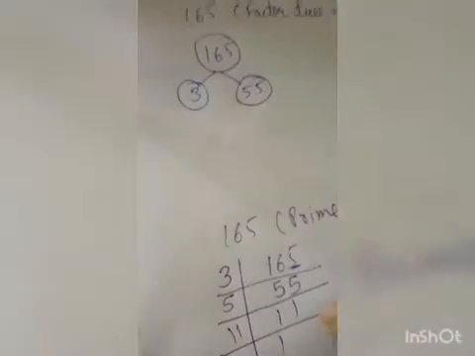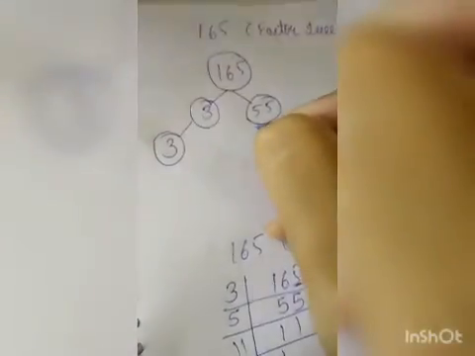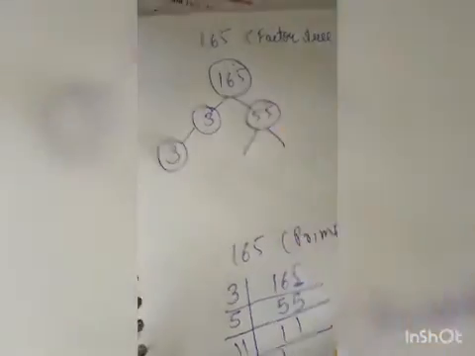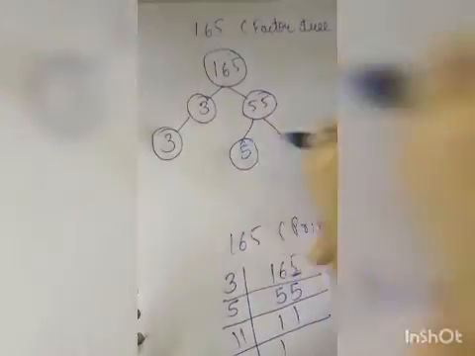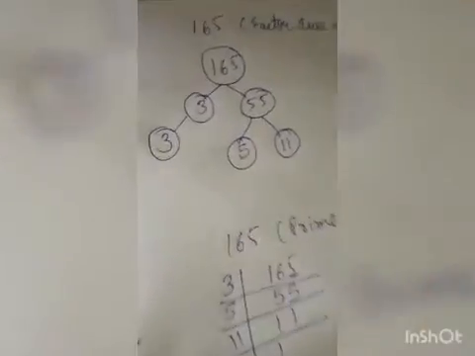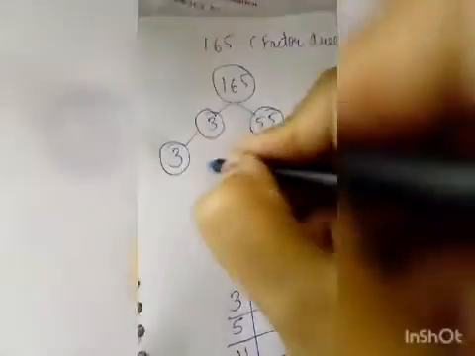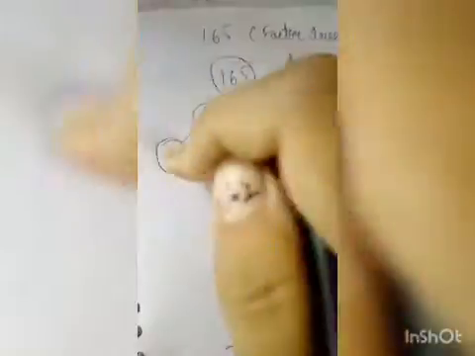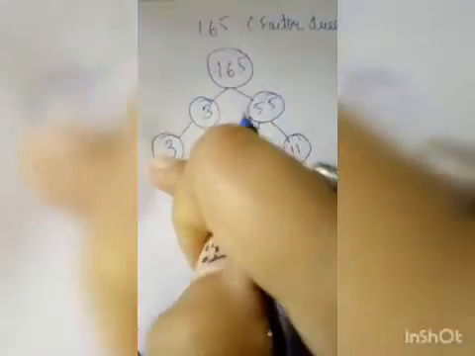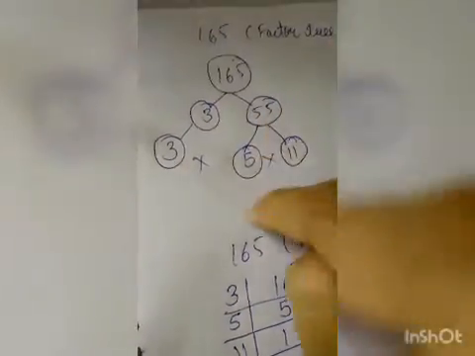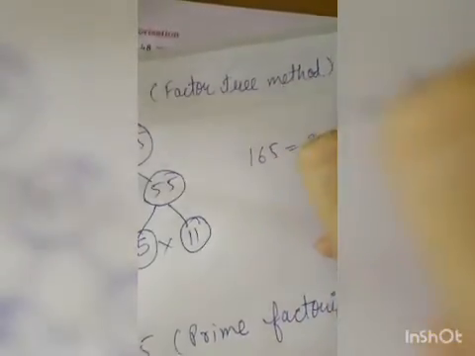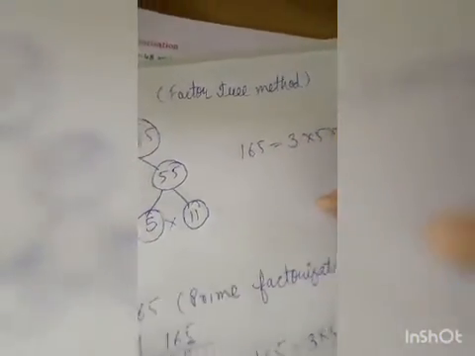Then 3 will remain the same. Then I have to find the factors of 55. Then 5 11s are 55. The last nodes of each branch are my factors. So 165 is equal to 3 into 5 into 11.